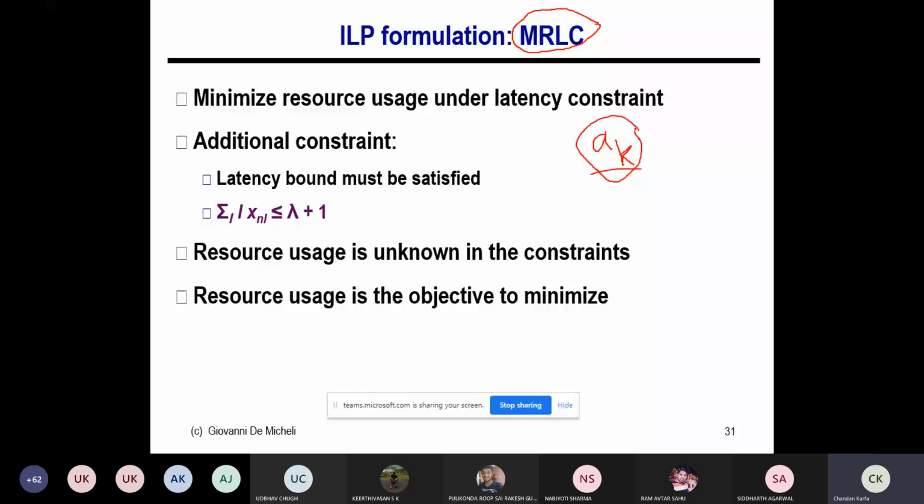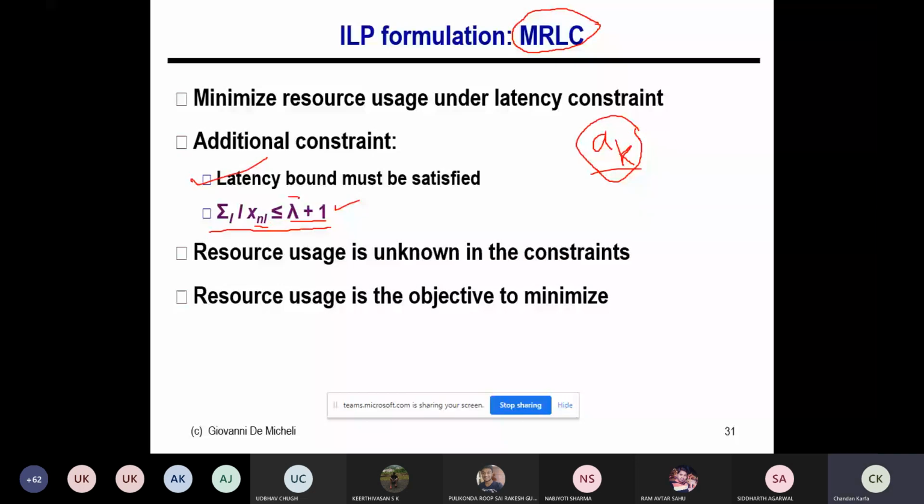And so basically here, because the latency bound is given, I have one more constraint to be added, right? The constraint is that the start time of the last node, or the sink node N_L, should satisfy lambda plus 1. So whatever solution I find must satisfy the latency bound. Again, A_k is not known to me. That is what I'm going to find out. But whatever value I find must satisfy the latency constraint, right?